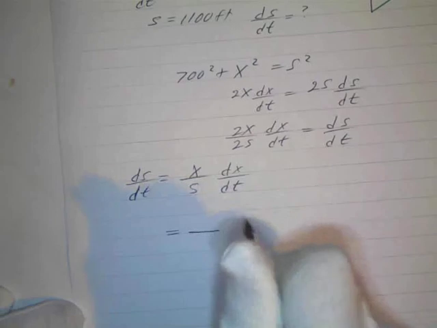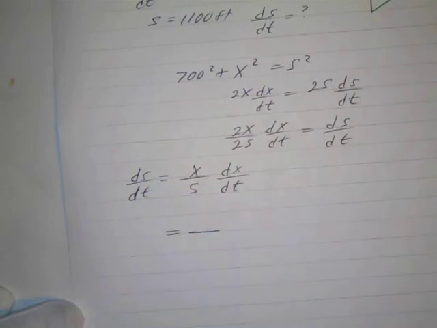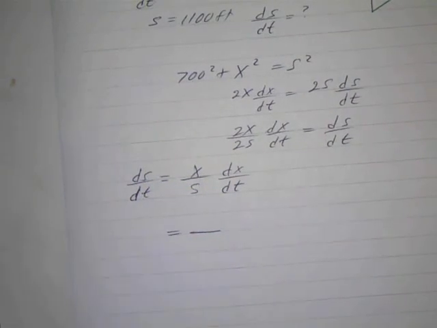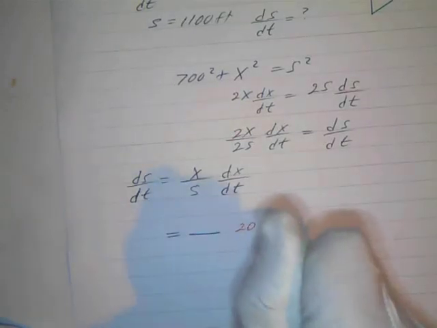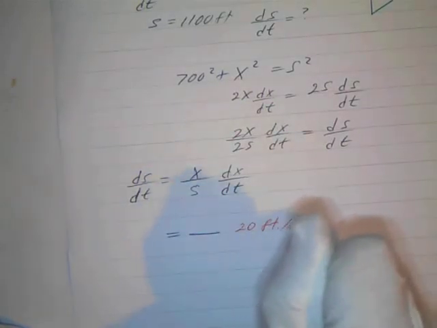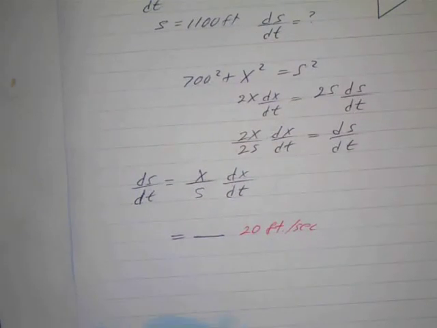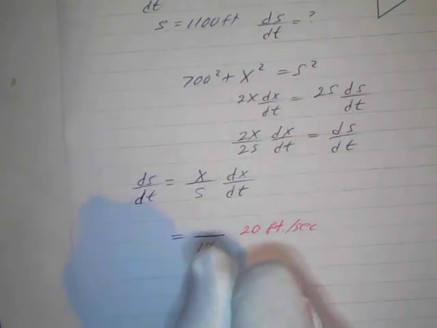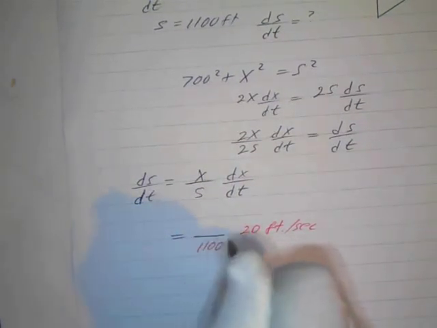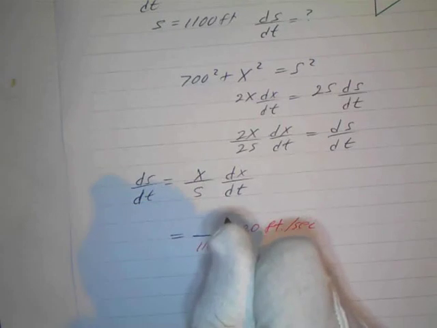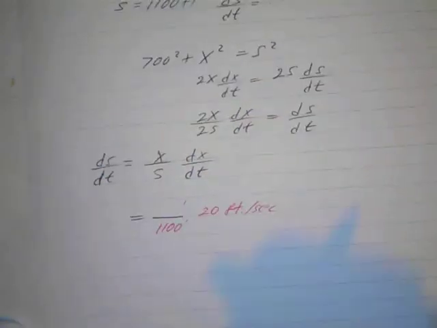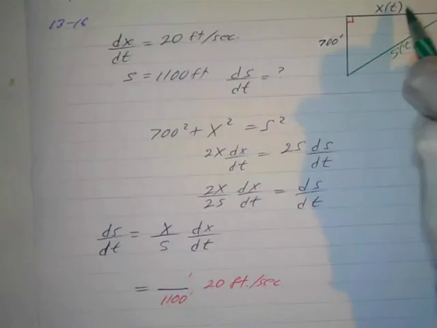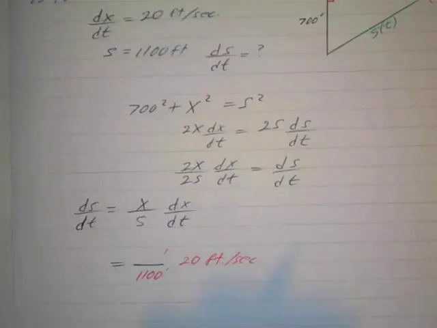So we just put our data in. dx/dt was 20 feet per second, and the s was 1,100 feet. The x will be in feet, but we don't know what that is. So again, we have to use another right triangle because these numbers are always in this Pythagorean relationship.